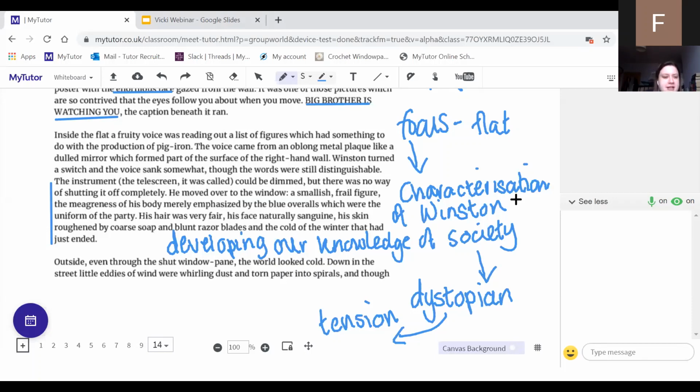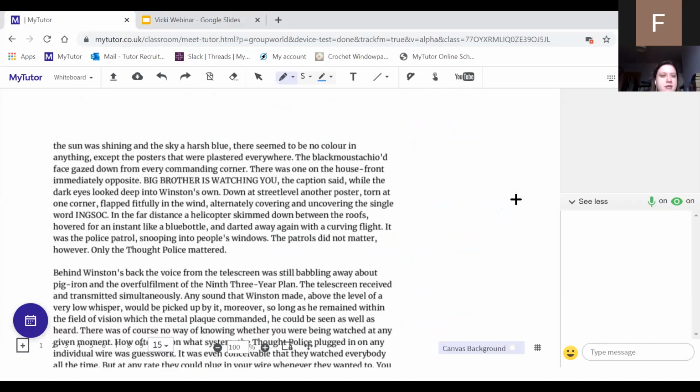Down in the street, little eddies of wind were whirling dust and torn paper into spirals, and though the sun was shining and the sky a harsh blue, there seemed to be no colour in anything except the posters that were plastered everywhere. That's quite interesting, the idea that although there is colour, there isn't. So it's almost like they're in a polarised black and white society, which is quite interesting.